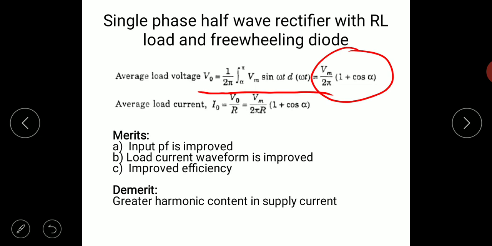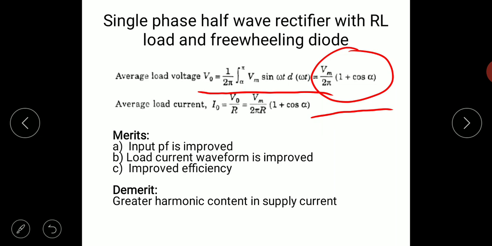This expression is the same as we have seen earlier in the series RL load single phase half wave rectifier, because the waveform of load voltage is not changing. This is not the same as series RL load, it is the same as series R load. If you compare it with single phase half wave rectifier with series R load, the expression you will get was the same, Vm by 2 pi into 1 plus cos alpha.